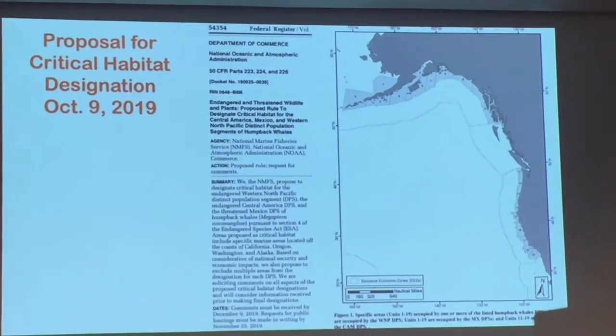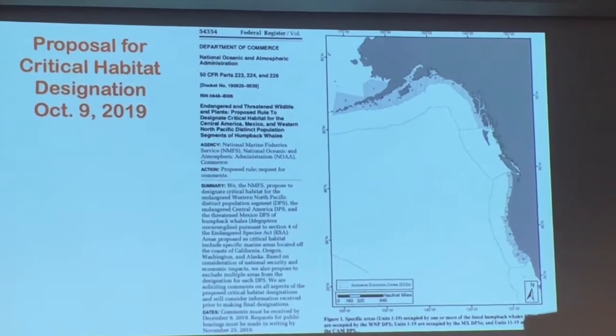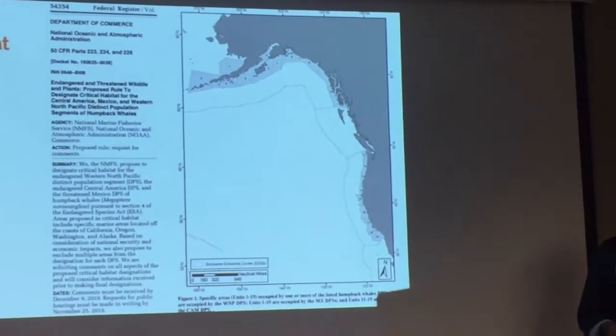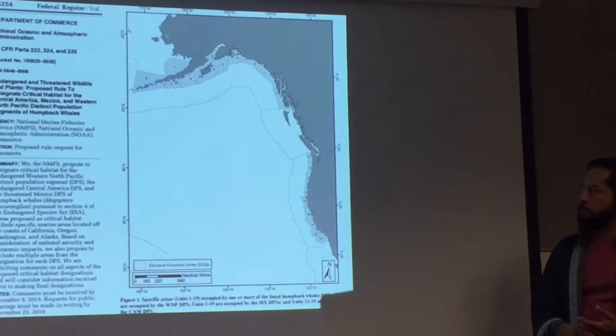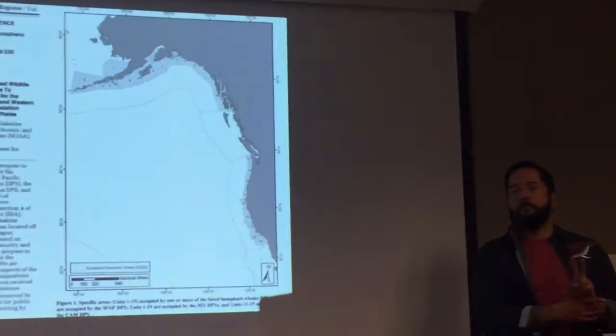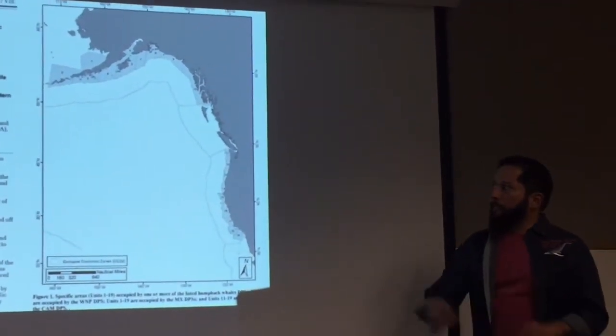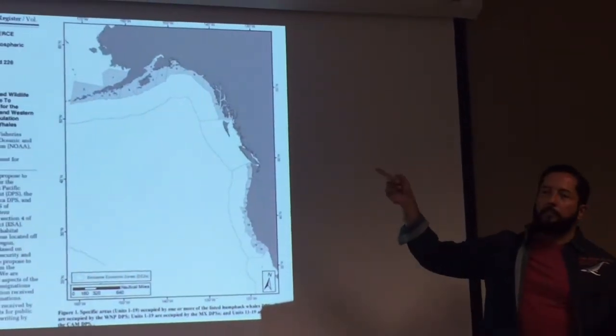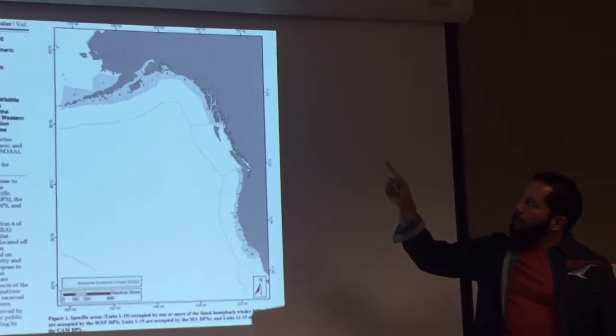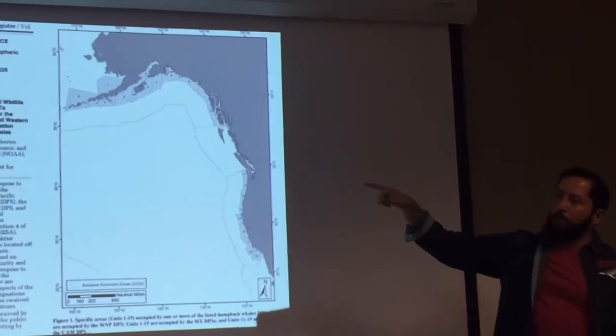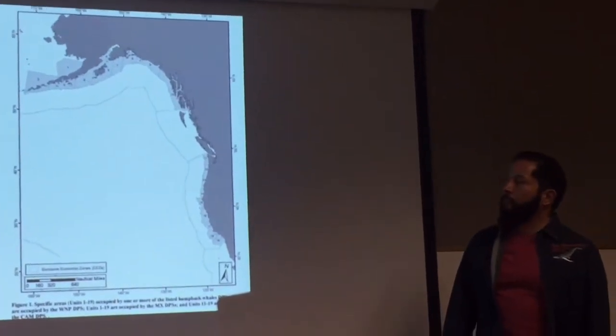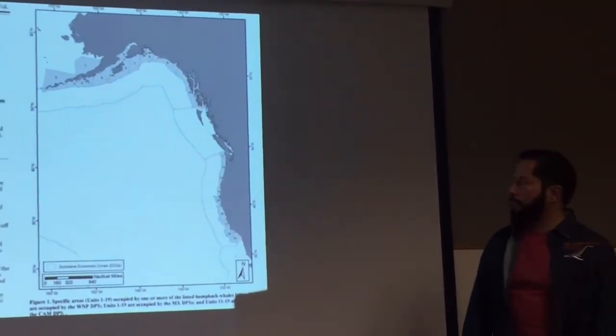NOAA is in the process of helping address the conservation status of whales of the West Coast of the US. So this is my second reason to brag: what you see here is the Federal Register announcement that came out on October 9th, that there's going to be a designation of critical habitat for the West Coast.